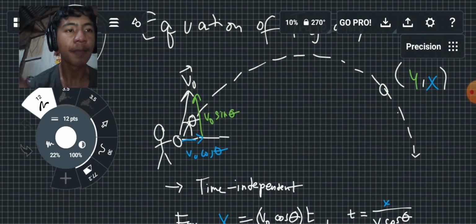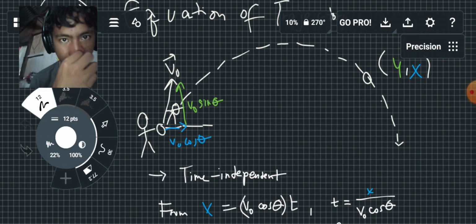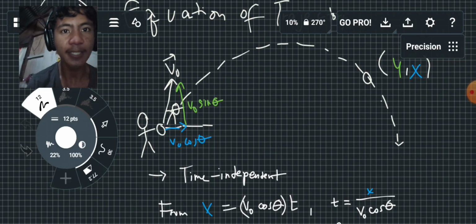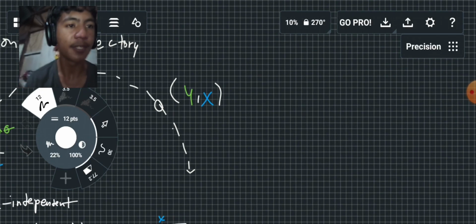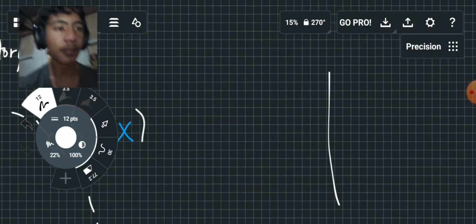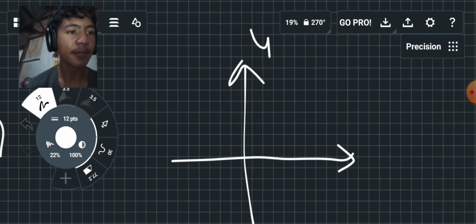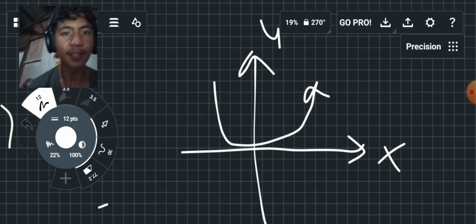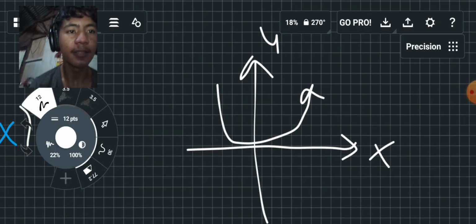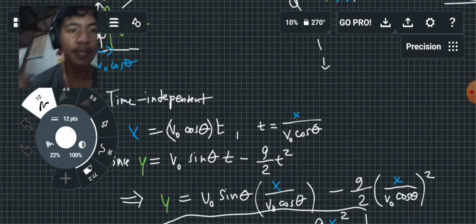So it's like treating the trajectory as a regular parabola, like the y and x ones you know from those familiar math lessons in high school.